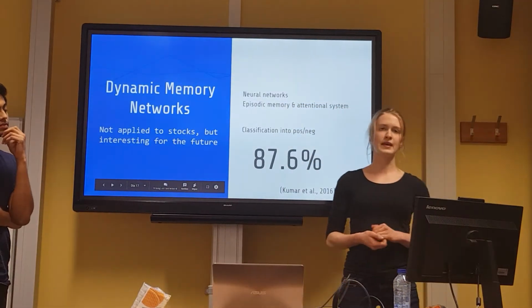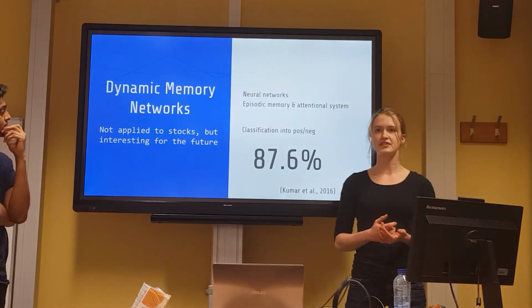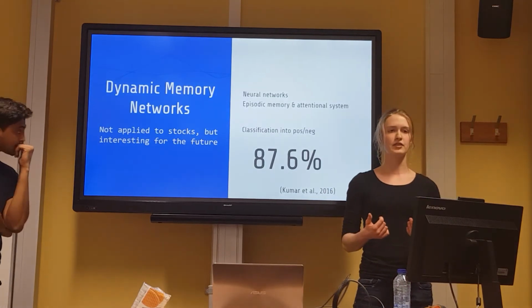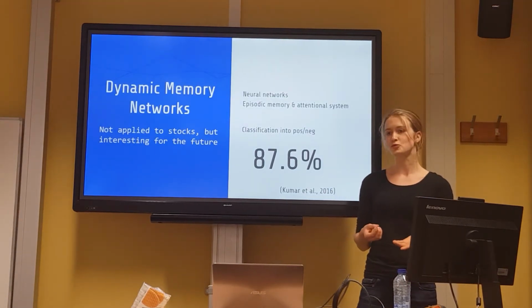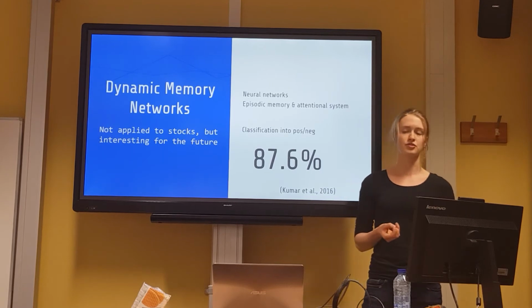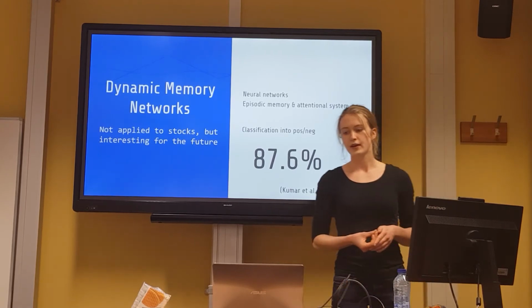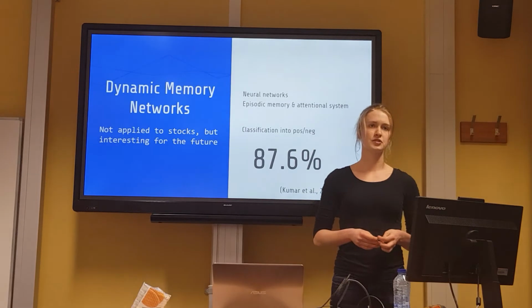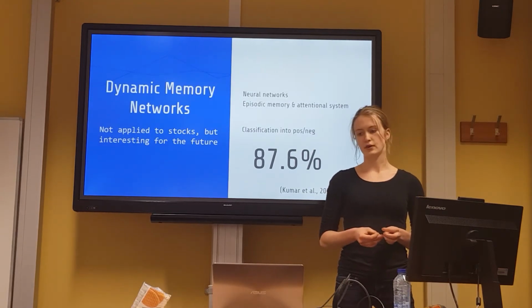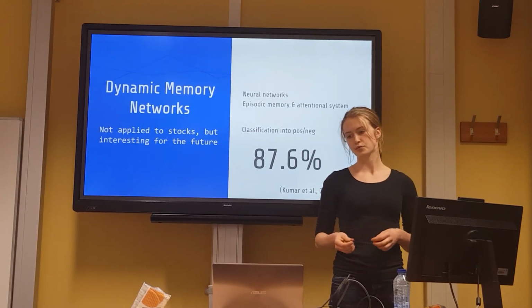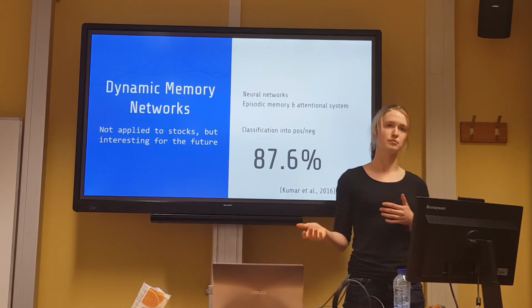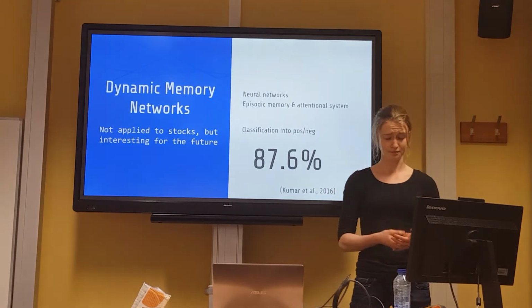The following method has not been applied to stock markets yet, but as it is pretty good at what it does, we would be really interested in seeing it applied to stock markets later on. It uses neural networks with some additional features, which are basically based on how the human brain works.